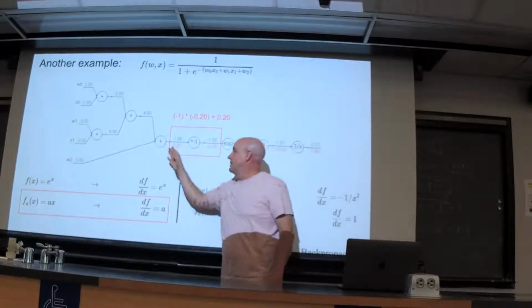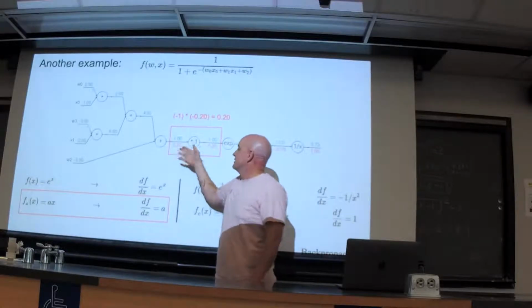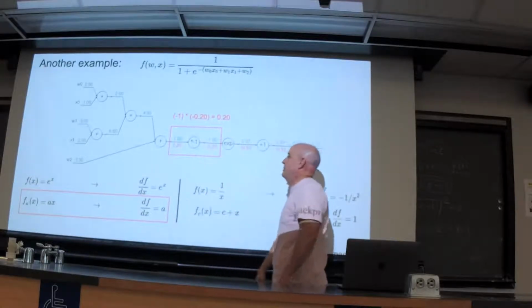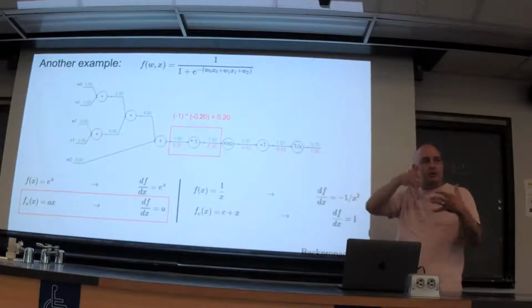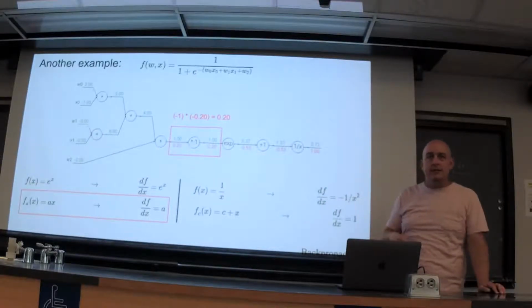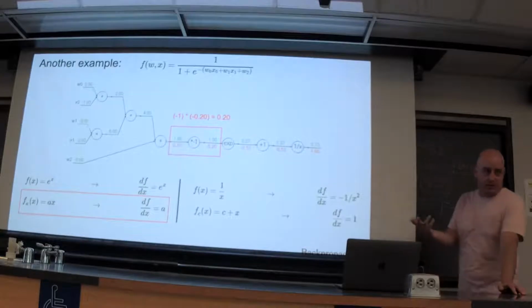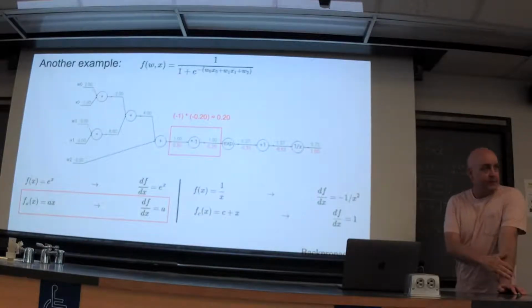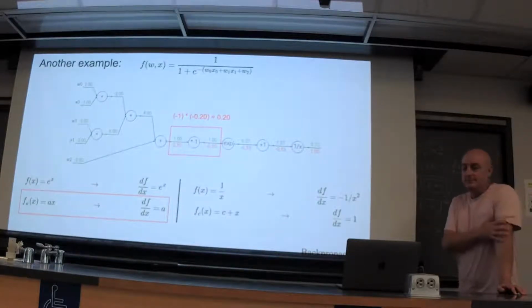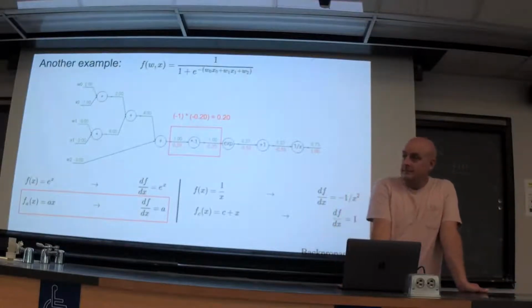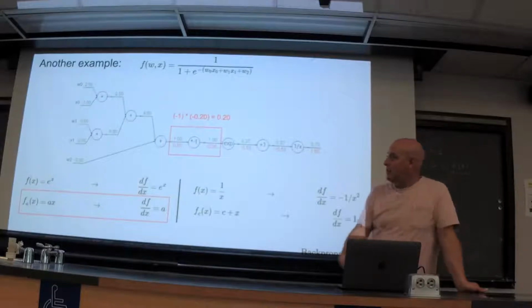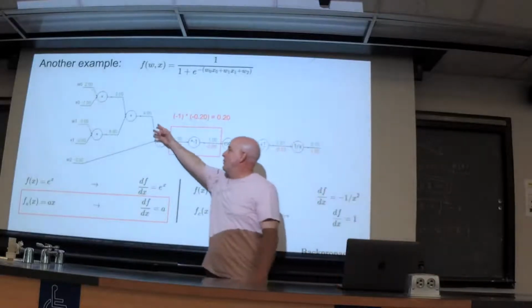Now this was simple, I suppose, up to this point, because we only had one input to each of the nodes as we were going backwards. Now we have 2 inputs. What do we do? Yeah, we just do what we did before, but we do it for both branches.